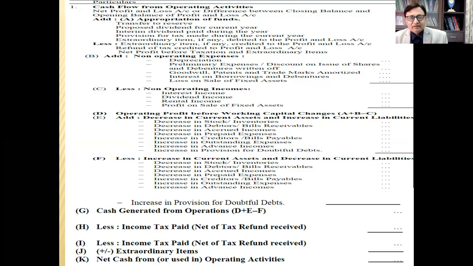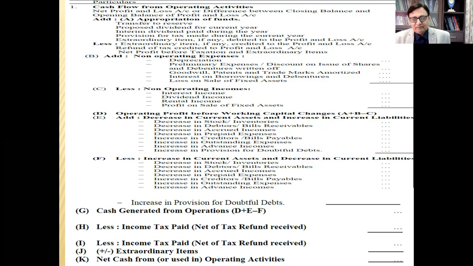For example, while finding receipts, if sale is there, cash sale we will take, and cash expenses we will deduct. In this way, in the direct method, we find the figure of cash from operations by finding the direct receipts and payments in the form of cash.